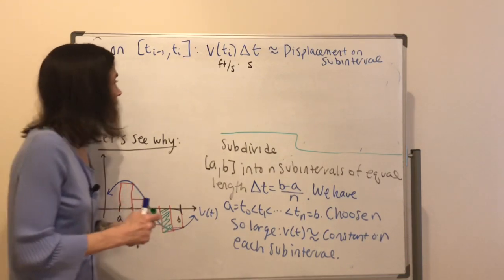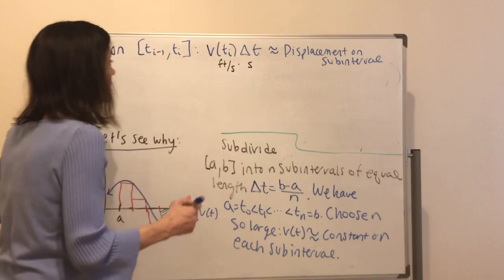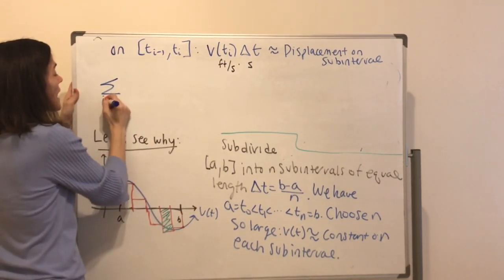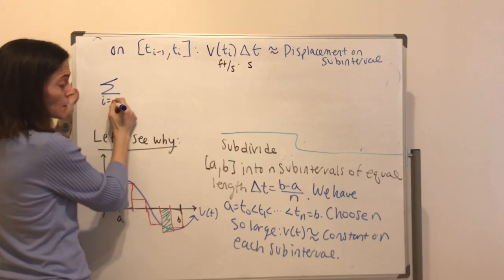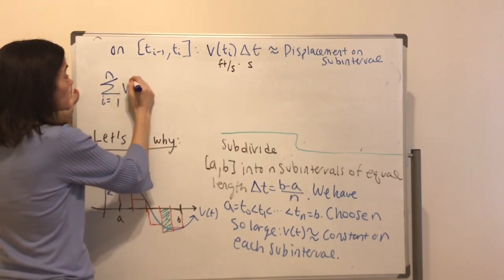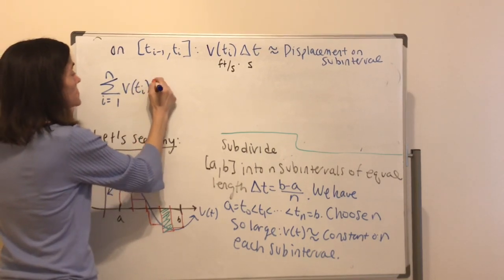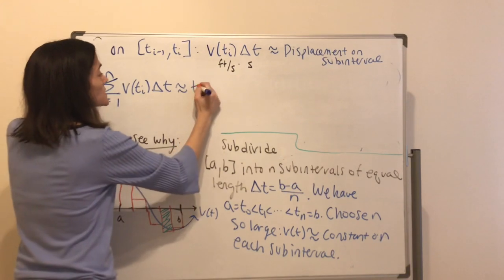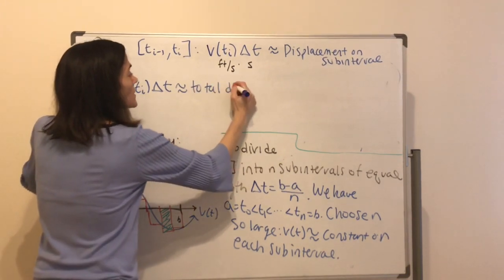Okay, so then we know how the Riemann sum works. We add, i goes from 1 to n, of v of t_i delta t. This will be approximately the total displacement from a to b.